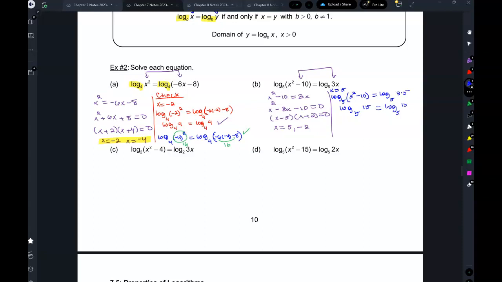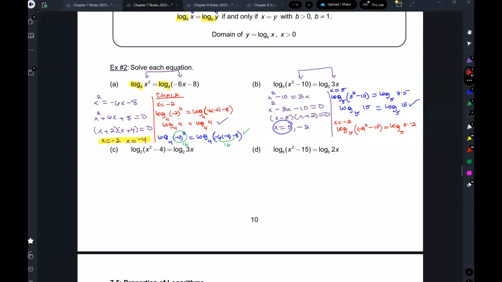Log base 5 of 15, that works. Let's do x equals negative 2. Log base 5 of negative 2 in parentheses squared minus 10, and log base 5 of 3 times negative 2.